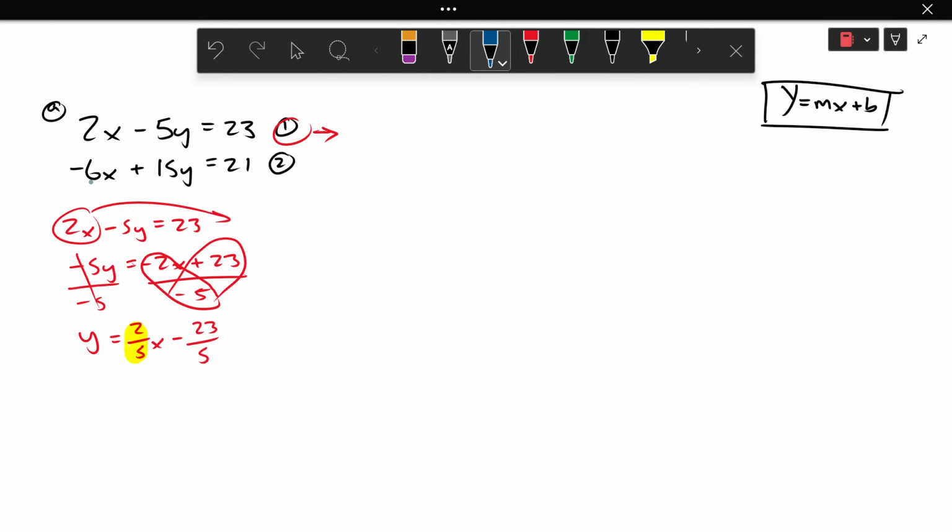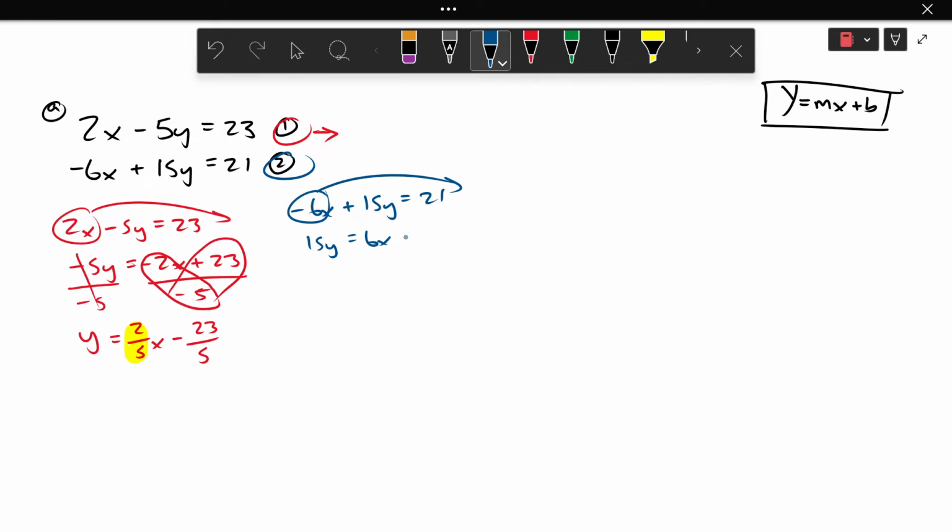So that's equation 1. Then for equation 2, if I put that in y equals mx plus b form, I'm going to rewrite it just so we can see what's happening. Equals 21. So I'm going to move this to this side. So it's going to be left with 15y on this side equals positive 6x, because whenever I move something to the other side of the equal sign, I have to flip the sign.